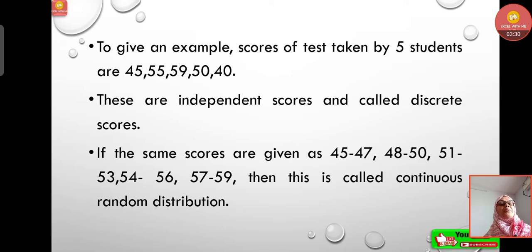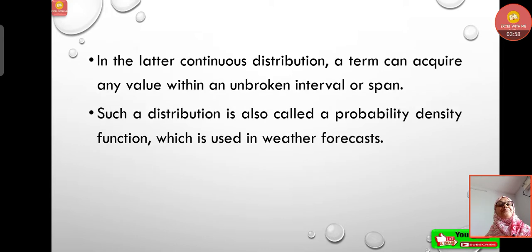To give an example, scores of a test taken by 5 students are 45, 55, 59, 50, 40. These are independent scores and called discrete scores. If the same scores are given as 45 to 47, 48 to 50, 51 to 53, 54 to 56, 57 to 59 and so on, then this is called a continuous random distribution.